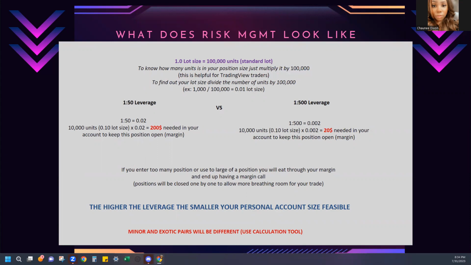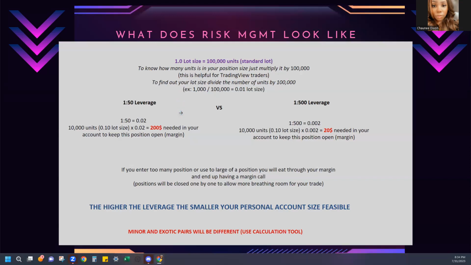So if you have 1 standard lot size, you're getting $10 per pip movement. Most people don't use the opposite formula, which is dividing your lot size by 100K. I'm not even going to go into that because typically when you're trading Forex, nobody uses that formula. They don't go backwards.